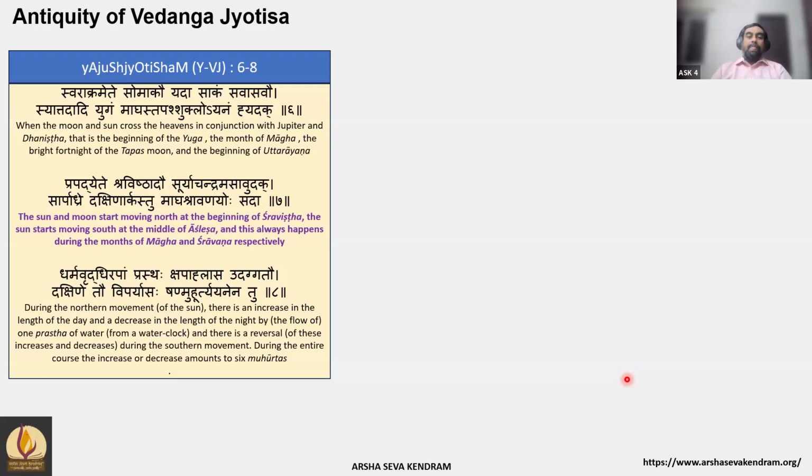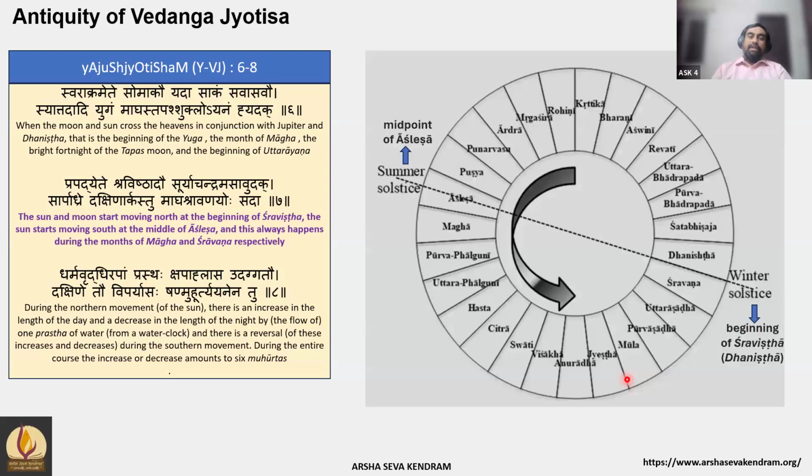Now, in order to understand that, one should also be familiar with the nakshatra system of the zodiac, which is presented here. You can see here the 27 nakshatras.